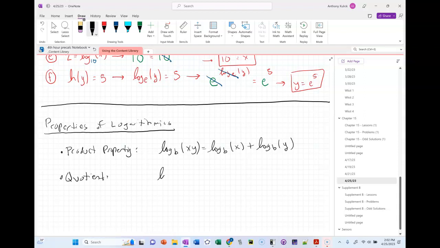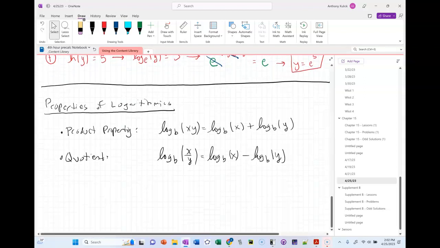The next one is the quotient property that says log base b of x over y is equal to log base b of x minus log base b of y. So notice here, division inside the logarithm is turning into the difference of 2 logarithms. The numerator is the positive logarithm and the denominator is the negative one.